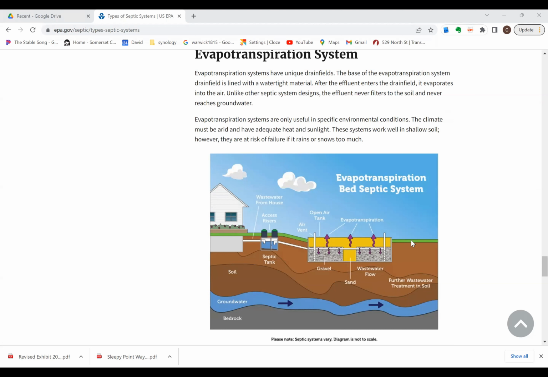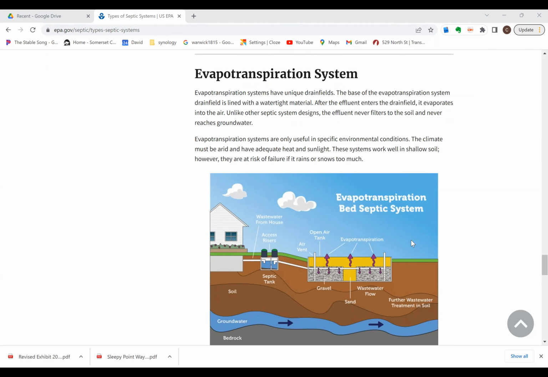Okay. And then we have this nice, I can't even pronounce that word, evapotranspiration system. Good job. Okay, so these are specifically for very arid conditions, like the desert.